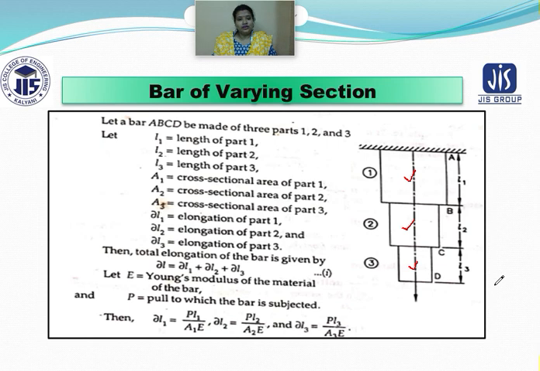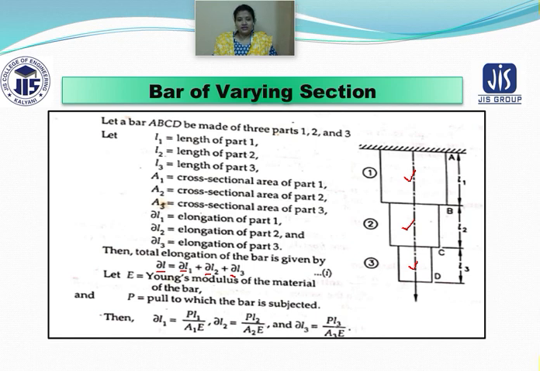So looking at this figure overall, the total elongation is represented by del L, which is none other than the sum of del L1, del L2 and del L3. These are the three changes in length, or elongations, for the different sections of this bar, and all of them summed up give us the total elongation of the bar.